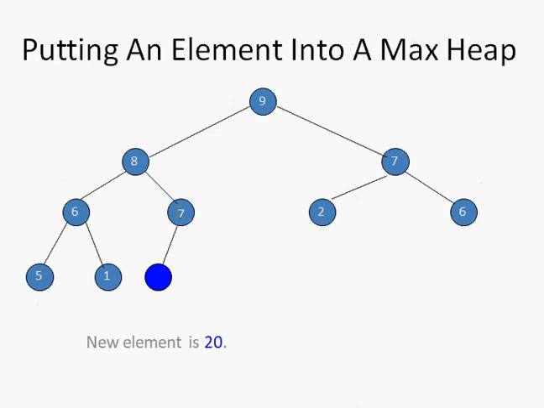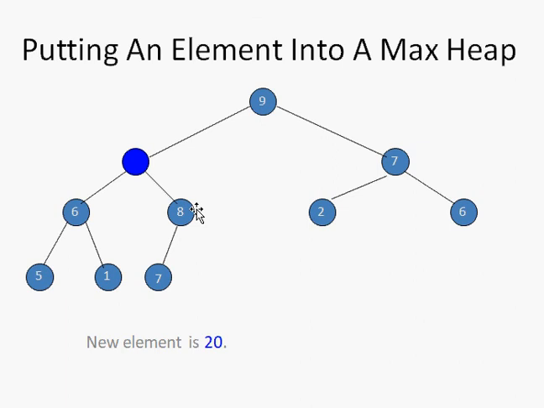But that again is not the exact position. It has to be moved further. After moving it up by 1 unit, this will be the structure: 7 comes down and 20 reaches this position. Then again 20 is compared with its parent. This will be a child for this root, so compare it with its parent. So 8 and 20 when you compare, 20 again has a greater value. So again you need to shuffle. So 20 goes to this position now. So you are indeed here.